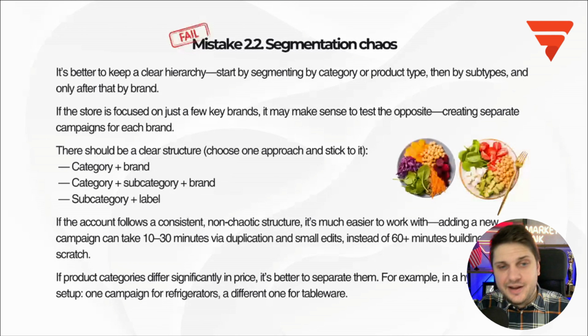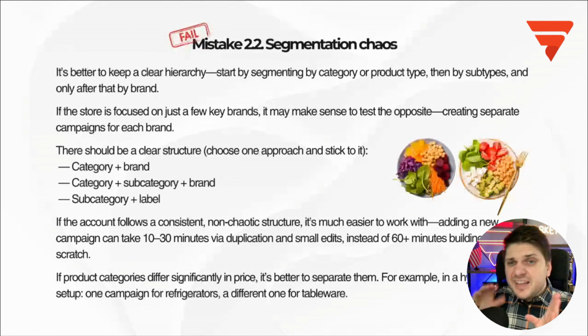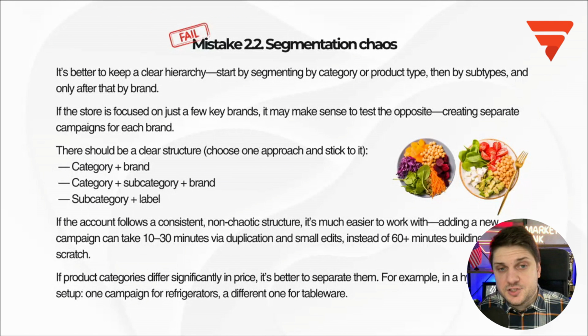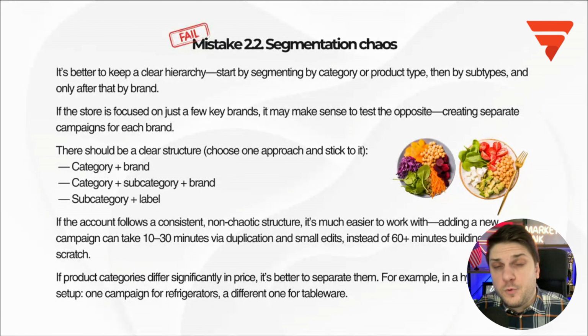So in general, I recommend focusing on categories, or category plus subcategory, or category plus brand, and keeping all campaigns in the same structure. If categories are main, then categories are main everywhere. This will help you better scale your campaigns, better control your results, and have better profitability from your running campaigns.